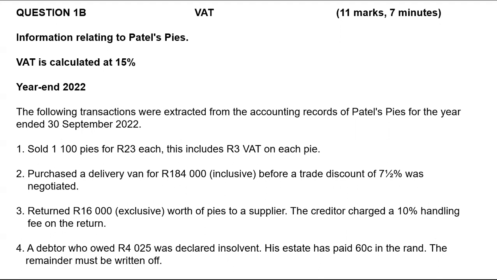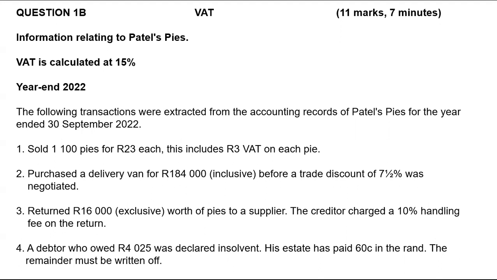Now, when you are used to memorizing, you will miss the fact that here there was no need to calculate VAT. It was given to you per pie, which is 3 Rand. And you need to understand when we determine VAT input and VAT output, we don't care about the amount excluding VAT. We don't care about the amount including VAT.